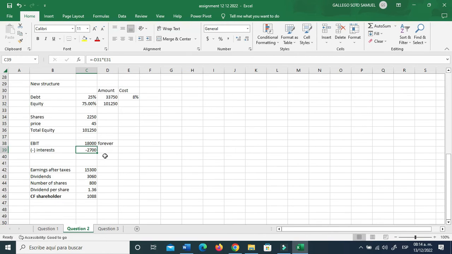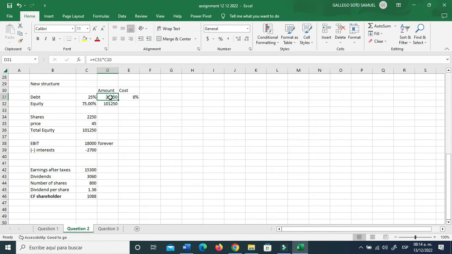But your earnings before interest and taxes remain the same. The only thing that changes is the interest expense, which in this case is going to be 33,750 times 8%. Okay, so let me just go back for a second.